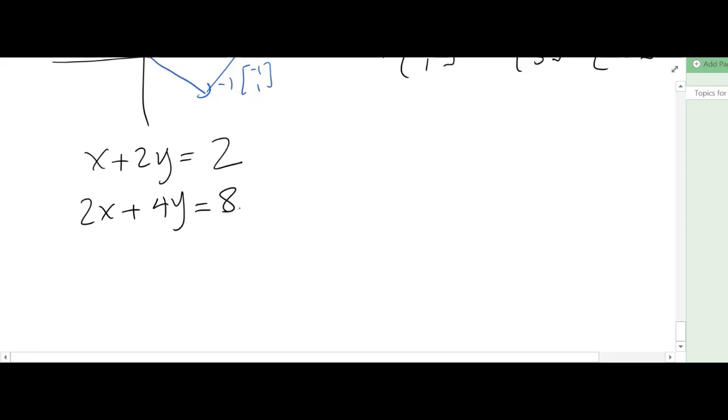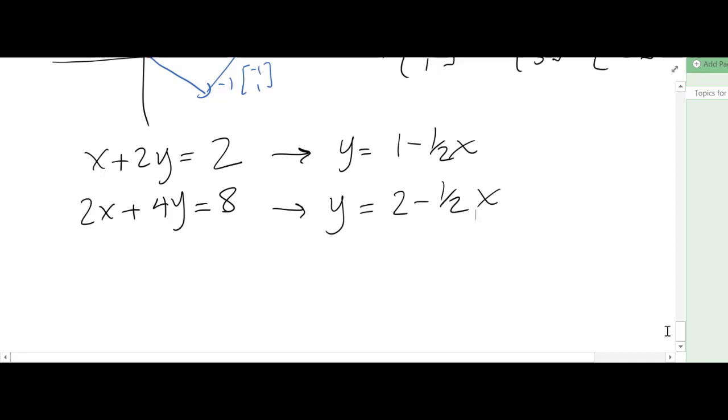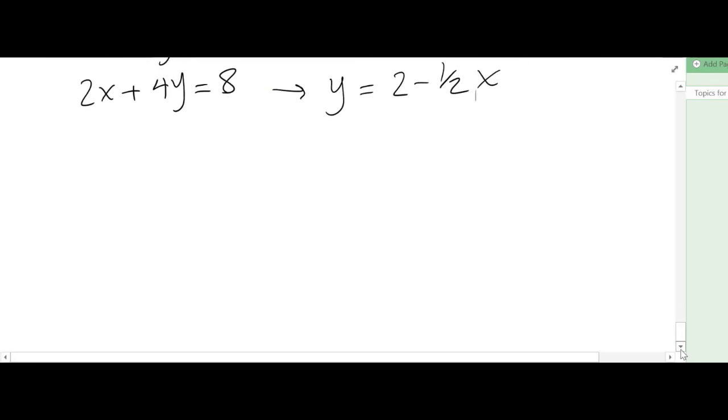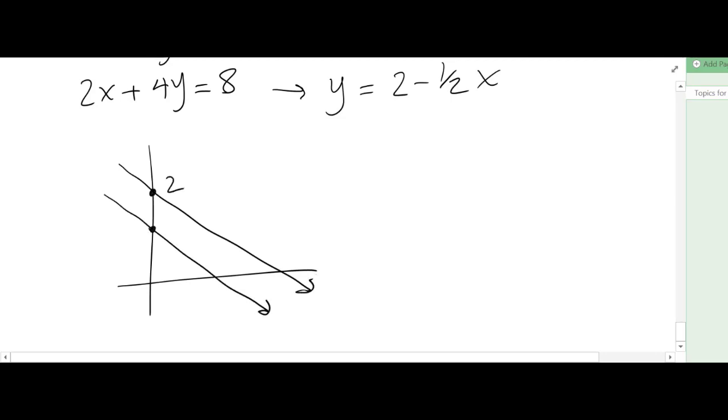So in this case, if you solve for y, you get 1 minus a half of x. If you solve for y here, it would be 2 minus a half of x. So they're parallel lines that don't intersect because one of them looks like this, at 2, and one of them looks like that at 1. So they're parallel, non-intersecting lines, which means this system of equations doesn't have a solution.